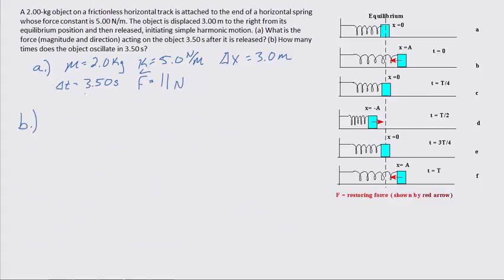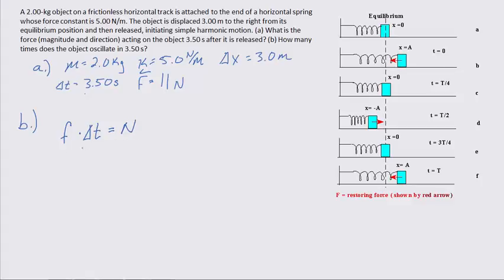In part B, we're asked how many times the object oscillates in 3.5 seconds. So we know that frequency is the number of cycles per second, times our change in time will equal the number of oscillations in our time period.